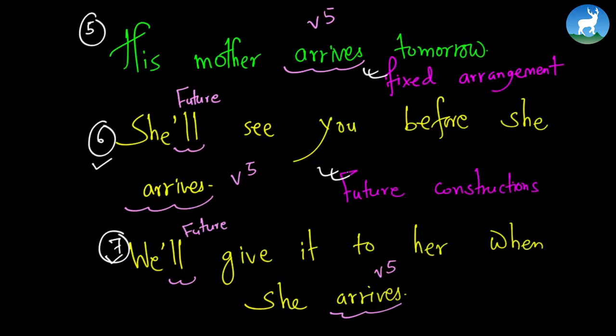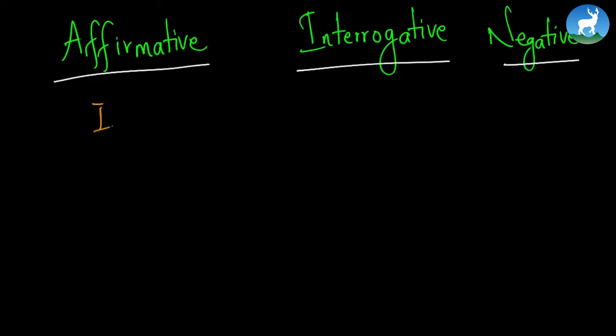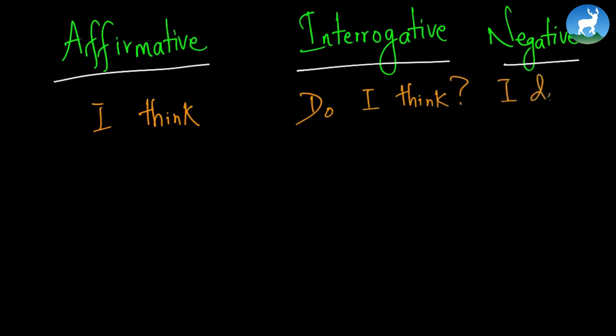Now let me teach you how to form the simple present tense in affirmative, interrogative, and negative form. Affirmative, interrogative, and finally negative. If the verb is think and the sentence is I think, it will be changed into do I think in interrogative form. And the negative is I do not think.